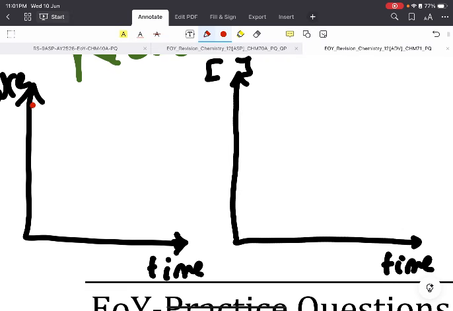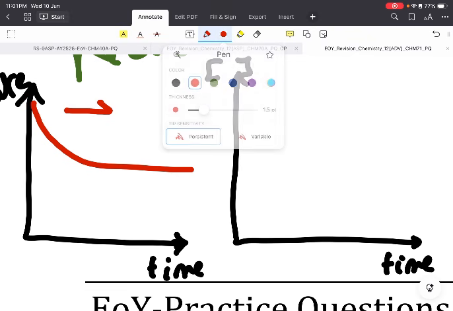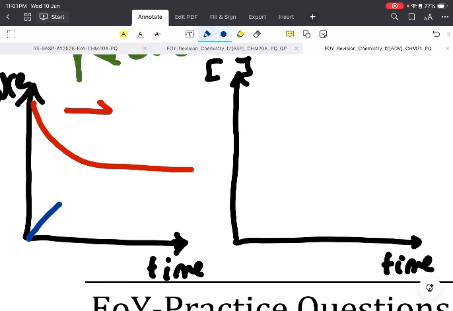Now, the rate of the forward must reach a point, so this is the forward, must be equal, or when it becomes equal to the rate of the backward, we start equilibrium.